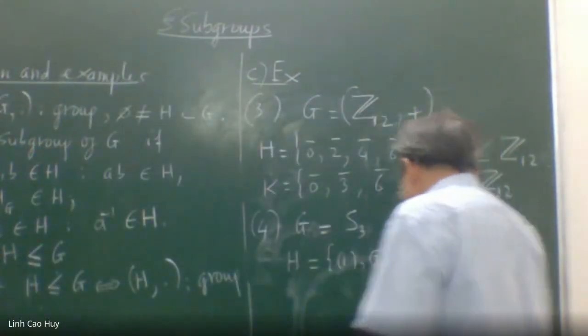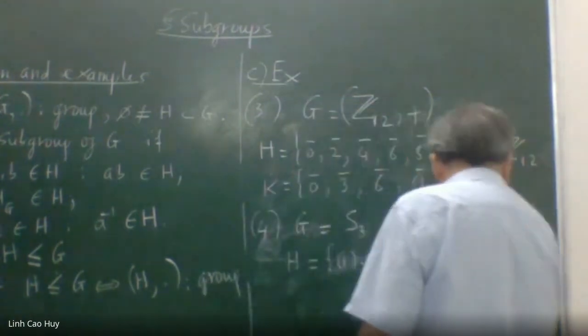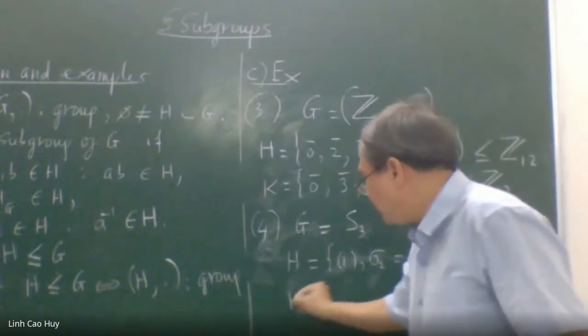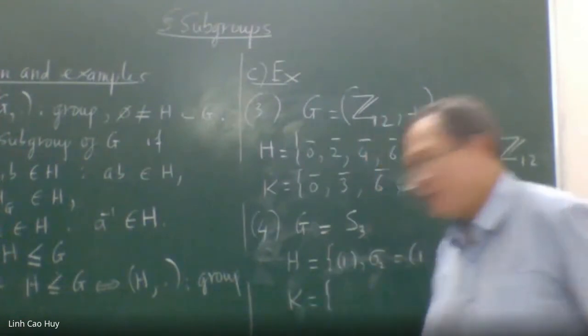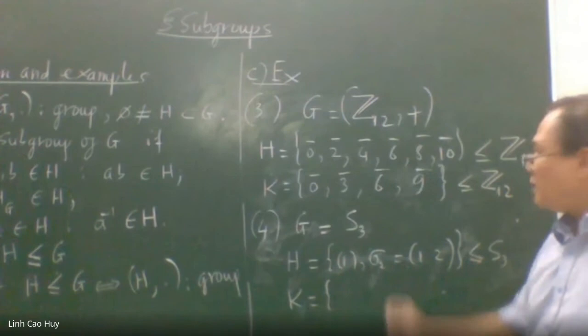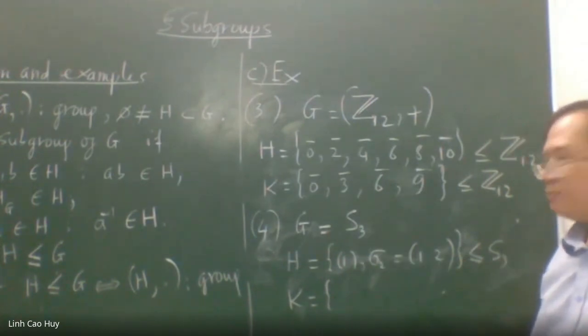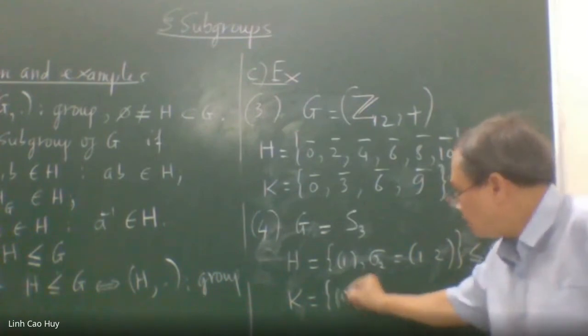Now we take one more example, K. The subset of S3 has 3 elements. The first one, identity.